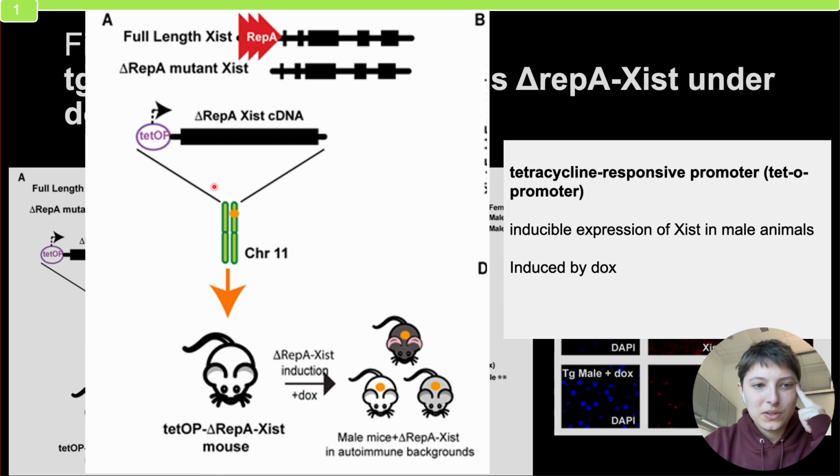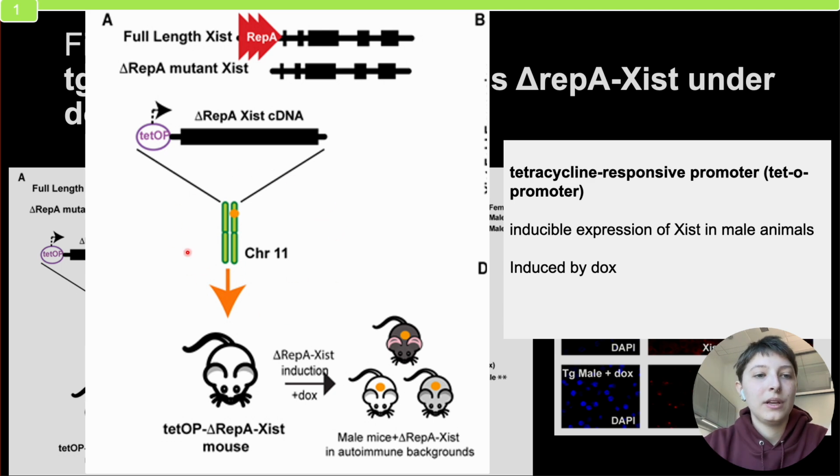Here they refer to it as dox, so I will in the future. I have it right on the page. Yeah, so this promoter is specific to dox, and so it will only be expressed if there's dox in the system. And then they selected for heterozygous mutants.